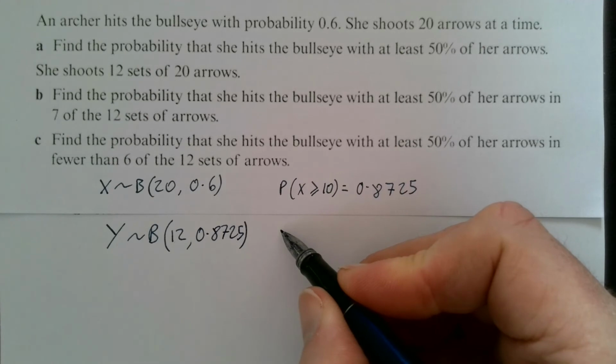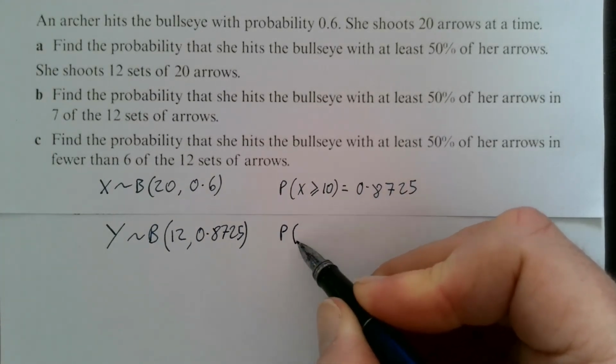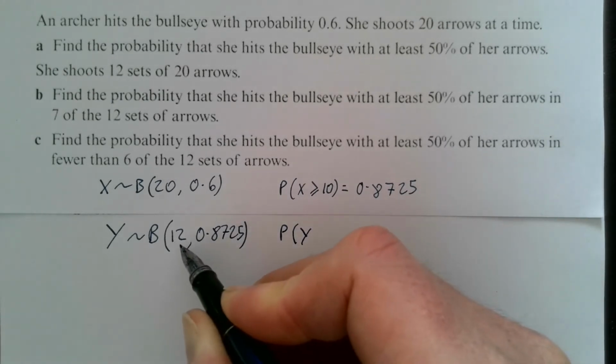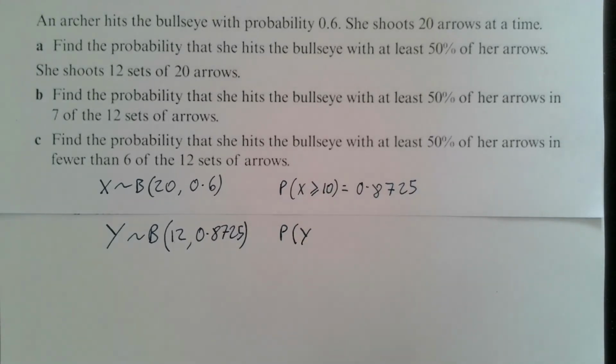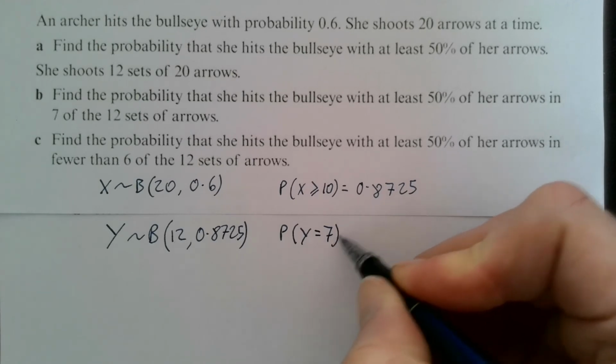So that is what we're going to be thinking about. We're now wanting her to hit the bullseye with at least 50% in 7 of the 12 sets. So that is not saying at least, it's saying 7. So that's equal to 7.